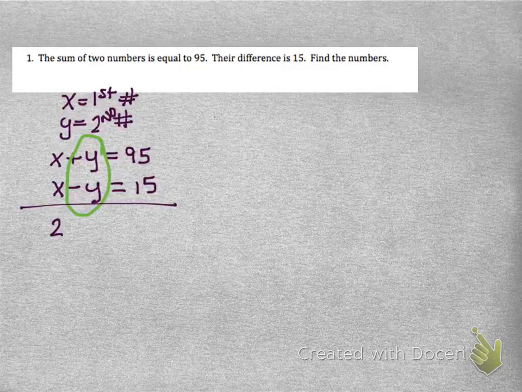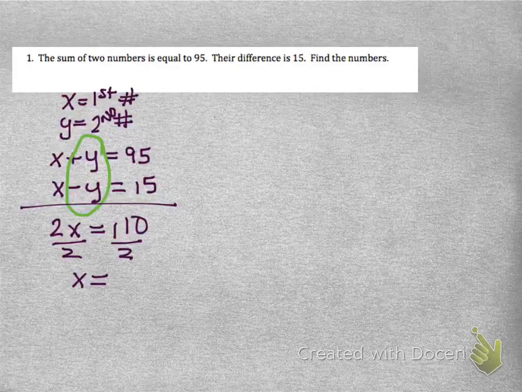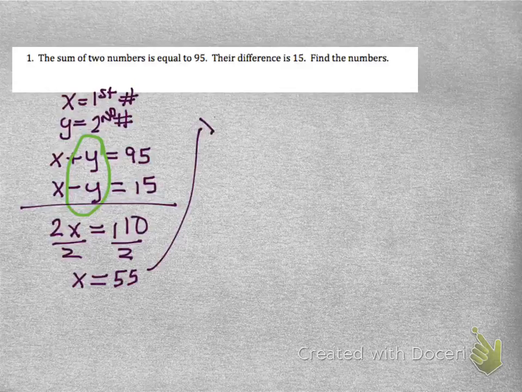So I'm going to get 2x is equal to 110, divide by 2, and I find that my x is equal to 55. Now I do have to plug that back in to find the other value.